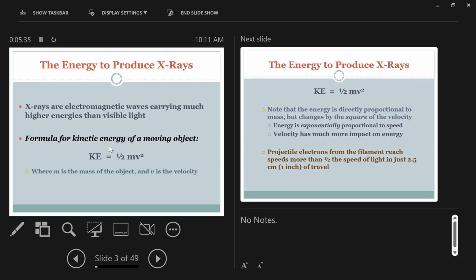Okay, go ahead. So the KE equals kinetic energy, and then the m is for mass, v is velocity. So what this really says is kinetic energy is equal to 1/2 the mass times the velocity squared. Okay, so there's a little multiplication happening between here.